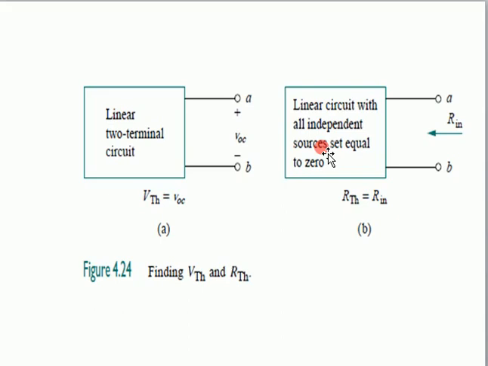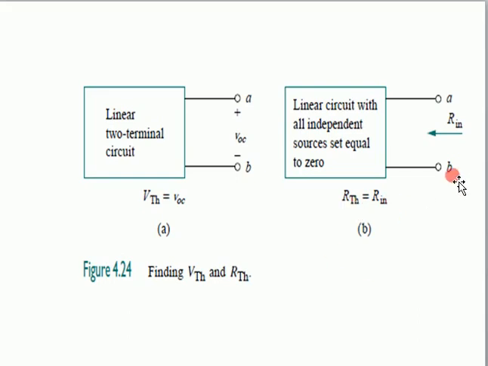We have to set all the independent sources equal to 0. As you have seen in the superposition theorem, to put the independent sources equal to 0, the voltage source is short circuited and the current source is open circuited.